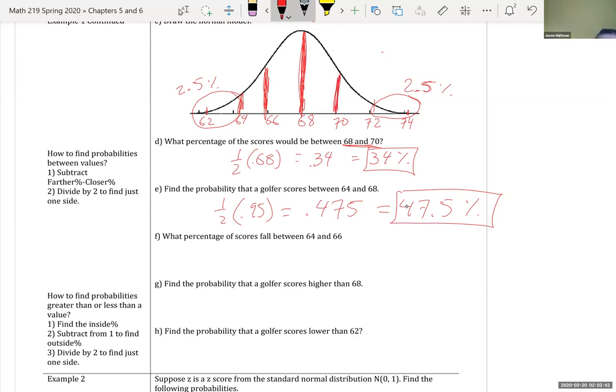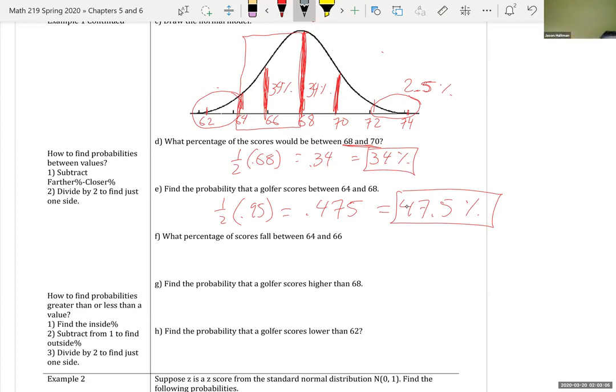So this was 34%, which means that this on the other side is also 34%. That's also 34%. And this whole thing here was 47.5%, right? That was 47.5%.